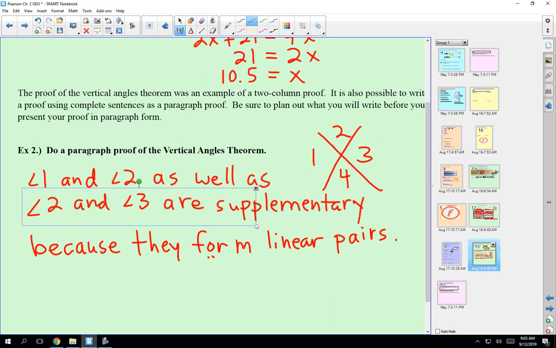Just put a period there. That's the first statement. 1 and 2 as well as 2 and 3 are supplementary because they form linear pairs.